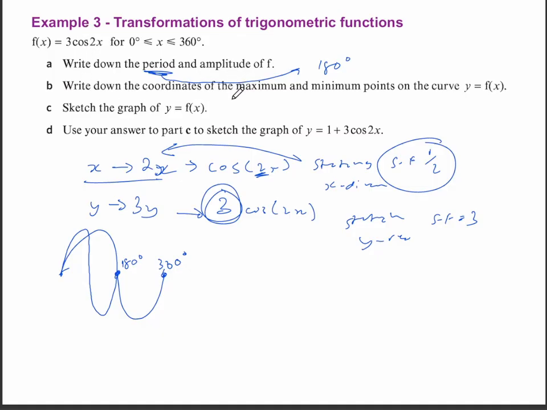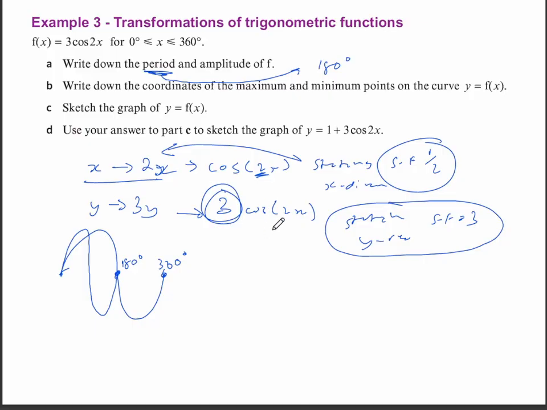Then the amplitude, what has happened here is, because of this stretch in the y direction, remember, any change in the y causes a change in the amplitude. A change in the x would not really cause a change in the amplitude, because amplitude is the vertical height. Same goes for period. Any change in the y will not cause a change in the period, because period is an x-axis change, while the transformation will be happening in the y-axis.